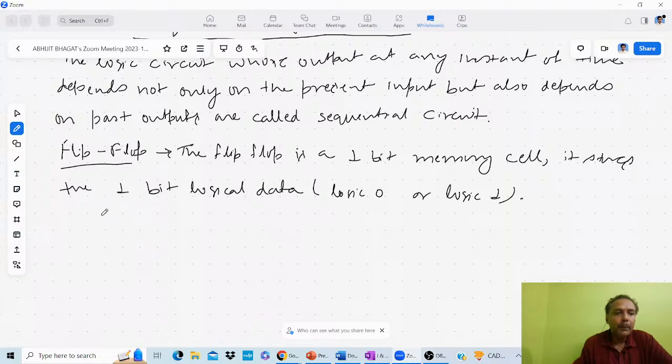Now the flip flop comes in a number of types. First is SR flip flop.